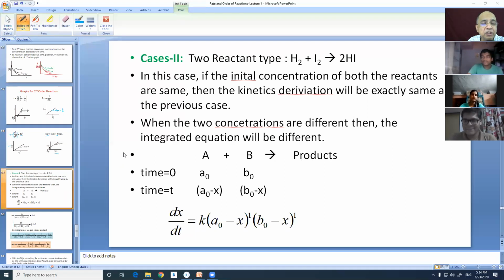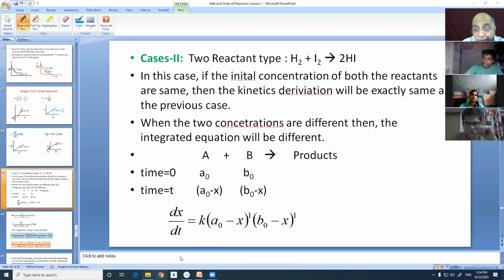Bhodo is correct. t0.5 is equal to 1 by k A0. Now see in your copies, we have derived it: when t is equal to t0.5, then A is equal to A0 by 2, and we substituted that and got t0.5 is equal to 1 by k into the initial concentration, or the starting concentration.